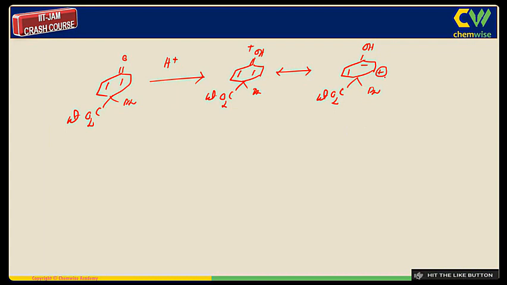If pH migrates, then what will happen? Let us think in the first case. Okay, now I will just migrate the pH from here to here. If pH migrates, then see what happens.